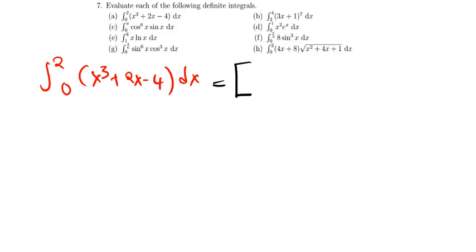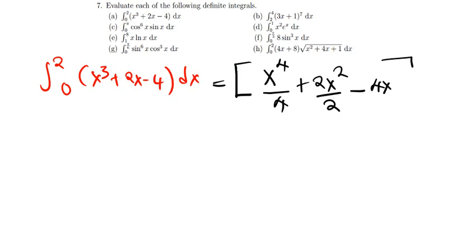For integration, add a 1 to the power, divide by the result. So x to the power 3, if you add a 1 to 3, you're going to get a 4, divide by the 4. Do the same for 2x, it will be 2x squared, divide by the power, which is a 2 now. For the minus 4, it will become minus 4x. Okay, no need of adding the c.